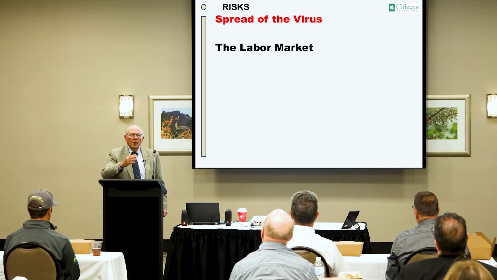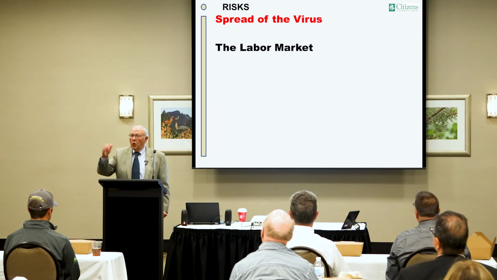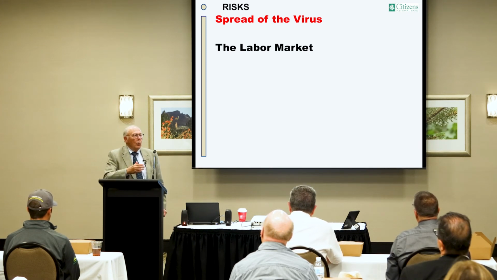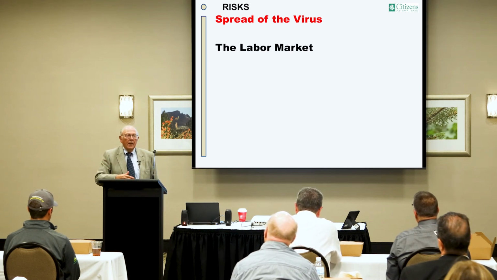Then we need to see the labor market continue to recover. We need to see that JOLTS index come down. We need to see fewer and fewer unfilled job openings. We need to see more people willing to go to work.